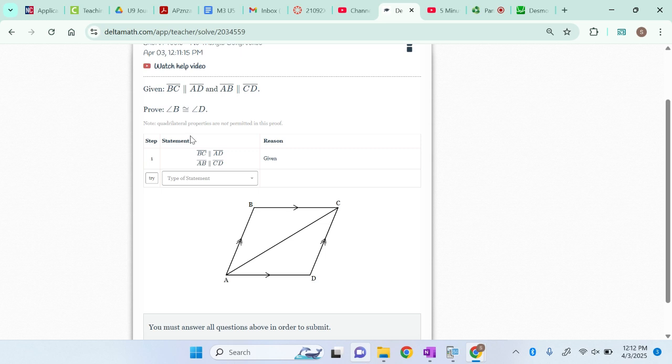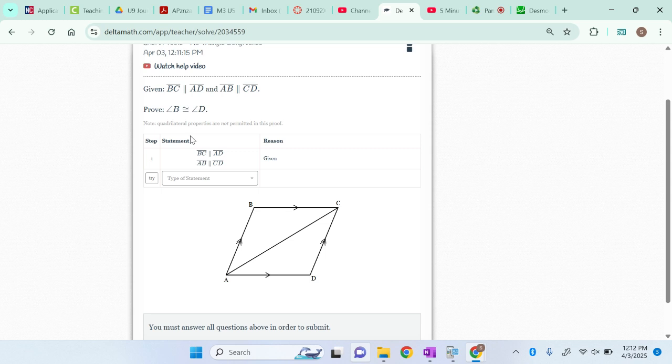So let's think about this logically. If we know that two sets of sides are parallel, what type of shape do we have? We have a parallelogram. So in other words, the shape BCDA, we know it's a quadrilateral, quadrilateral BCDA is a parallelogram.